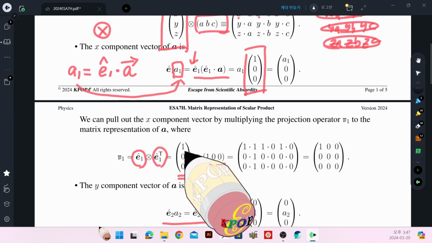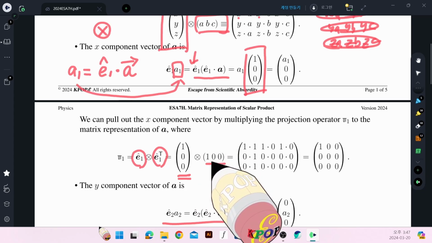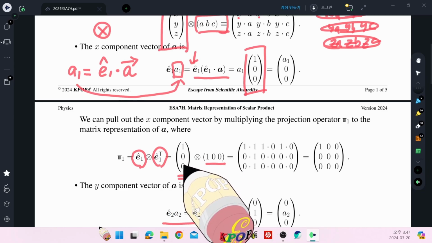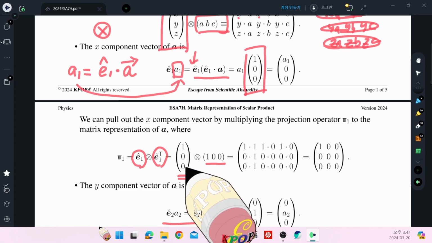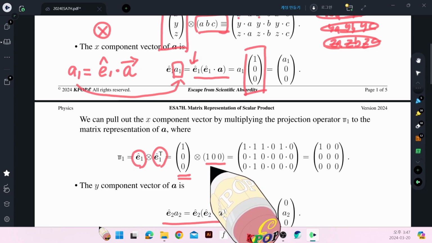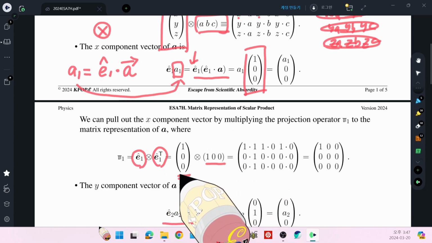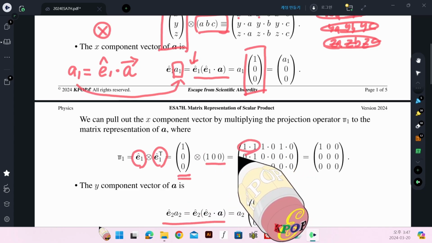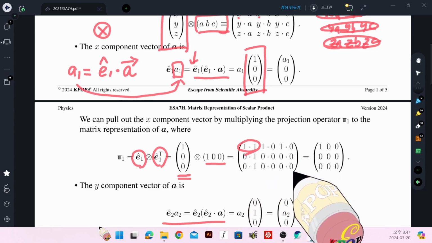The result is the first row has the factor of 1 and the first column has a factor of 1. Other than that, any other element has a factor of 0. At least a single 0 will result in a vanishing element. As a result, the only non-vanishing element in the outer product, or direct product, of these two identical unit basis vectors is this. Other than that, everything else vanishes completely.